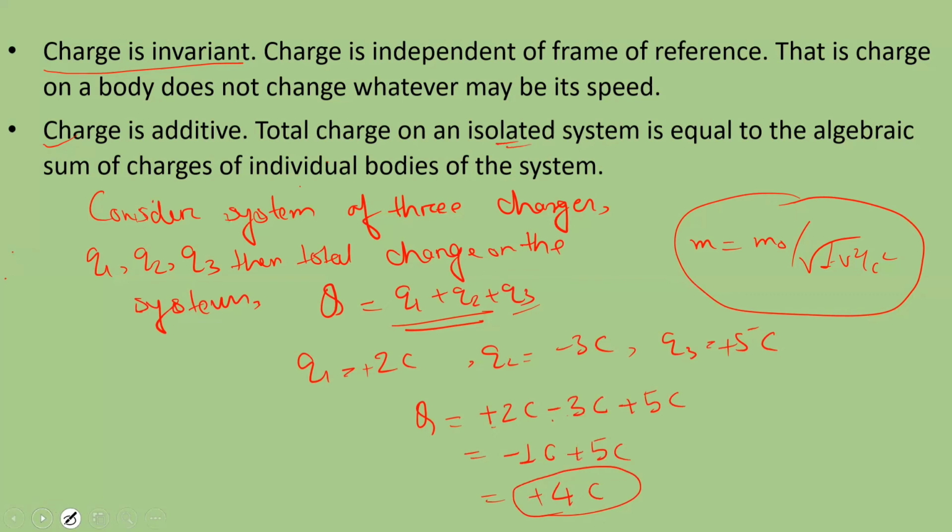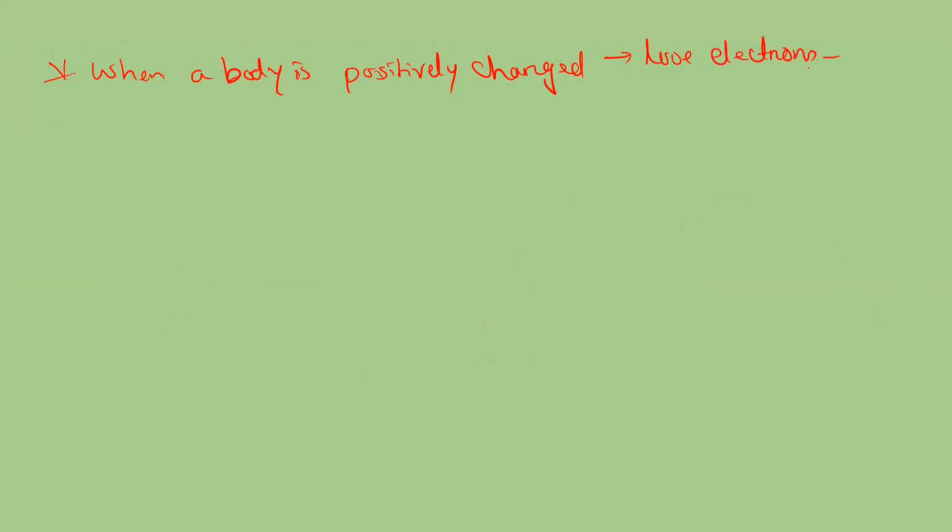And you already know that this is also a property, you can just highlight it. We have already seen this in the last video. When a body is positively charged, it will always lose electrons. Positively charged body will lose electrons, and its mass will decrease.